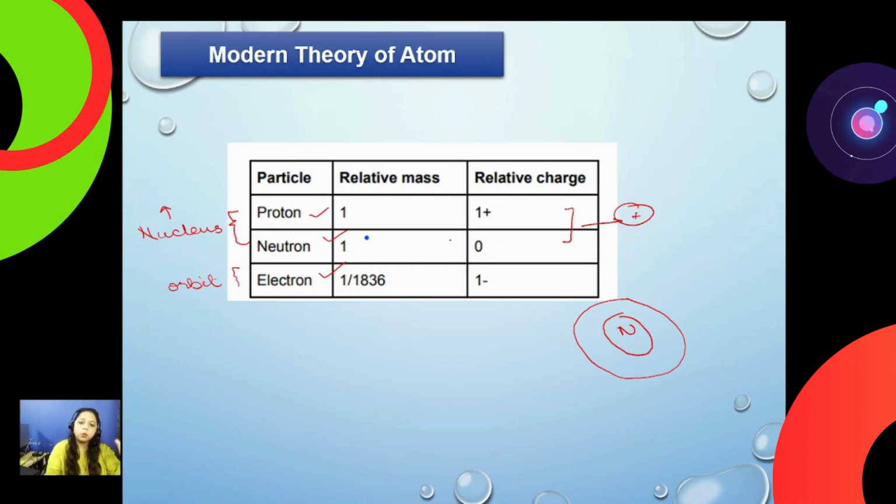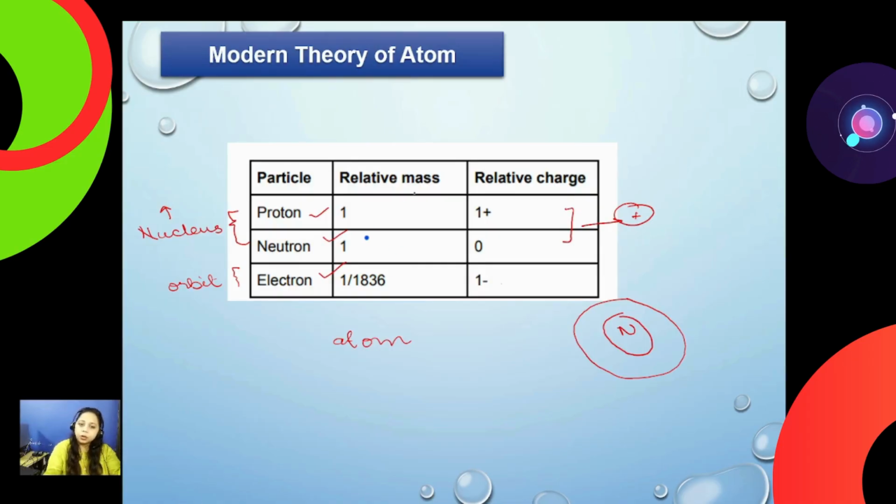So overall, if we sum it up, it would be plus one. So nucleus is positively charged, while the electrons are negatively charged. So overall, if we talk about an atom which contains both the nucleus and the orbits, an atom is a neutral one because it has protons and electrons which are equal in number.